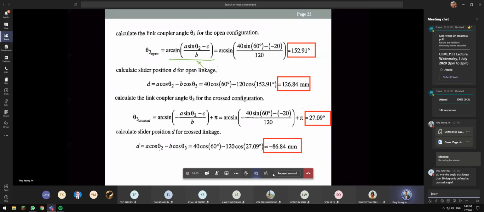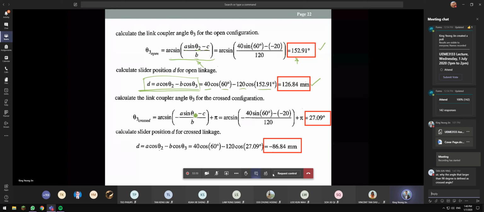So then we can substitute theta 2, A, C, and B. So we get 152.91 degrees. To calculate the D, we use these formulas. So we substitute the A, theta 2, B, and theta 3 that we calculated from here. So we get 126.84.